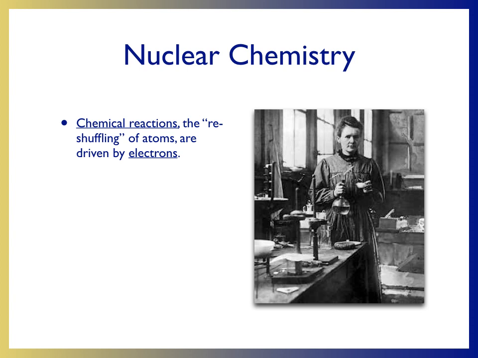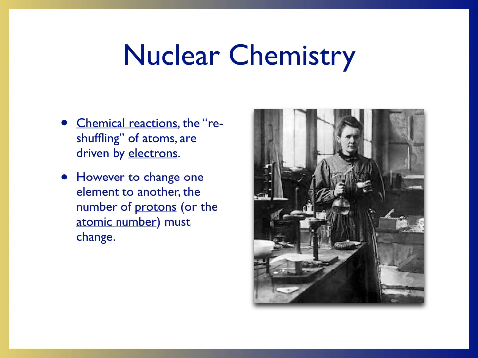But what if we want to make a nuclear change? That is, what if we want to change one element into a new element? Remember from Gen Chem 1 that the identity of an element is determined by the number of protons in its nucleus. So to change the identity of an element, we must change the number of protons in the nucleus.